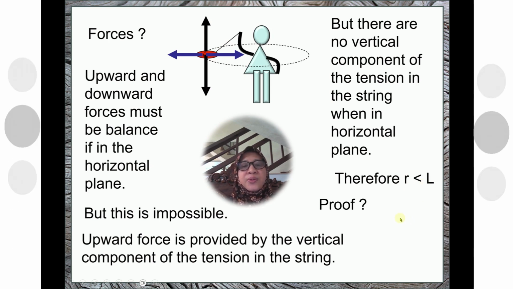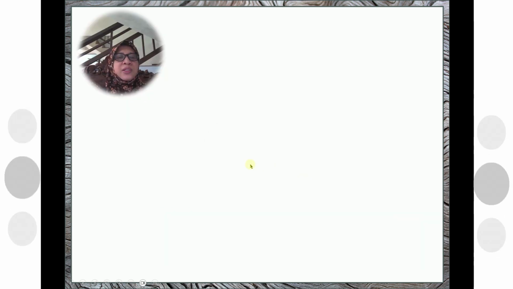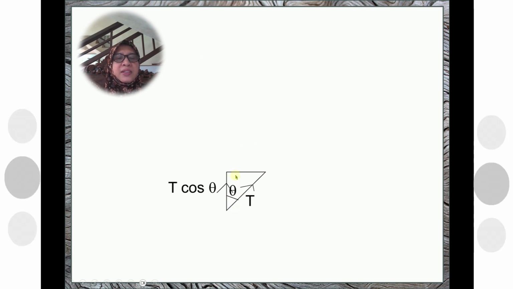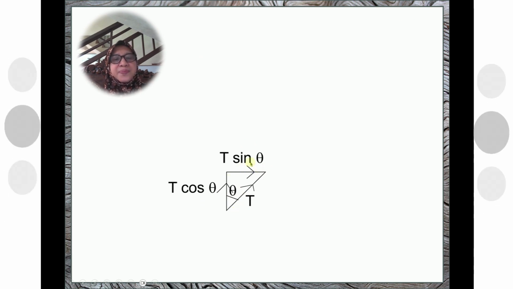How to imagine this? Let us go to the calculation part. This is the tension in the string, which is towards the center of the circular motion, but the string is inclined at angle theta with the vertical, so that we have components of T. The components of T will be T cos theta and T sin theta.